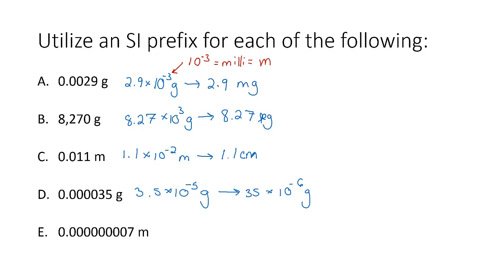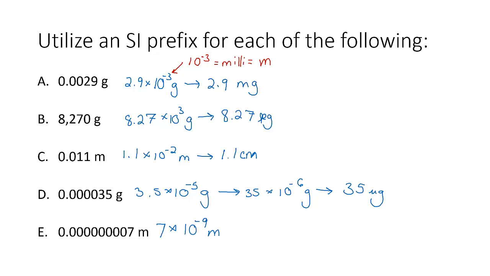But in doing it this way, you're able to represent it with a prefix, because now you can substitute in 10 to the minus 6 for micro, and it becomes 35 micrograms. You could have also gone the other way, where you went to 10 to the minus 3 and represented it as milligrams, and it just would have been 0.035 milligrams, and so that's another way of doing it.